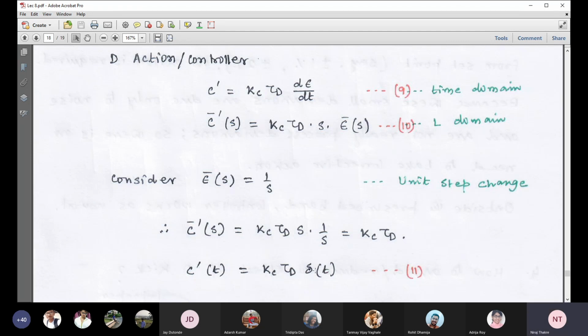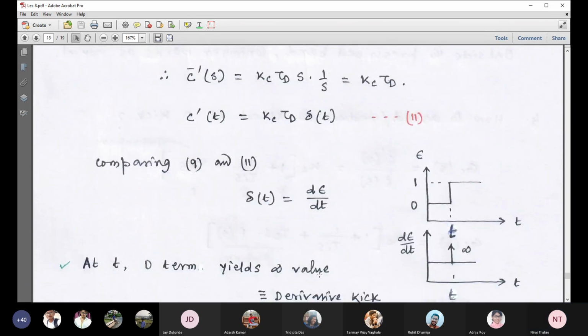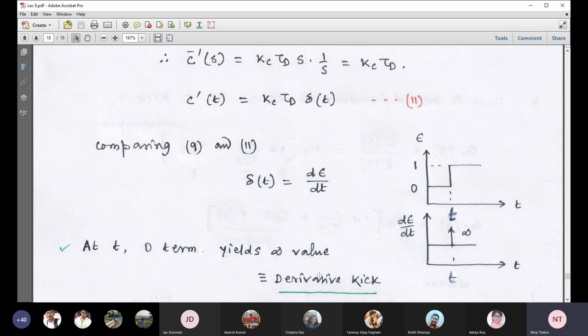So this delta is basically the Dirac function. Okay, so this is our conclusion. If you compare equations 9 and 11, we get delta t equal to d epsilon by dt. So whenever we introduce a step change in error signal, particularly during that vertical change in error signal, the derivative action provides an infinite quantity.